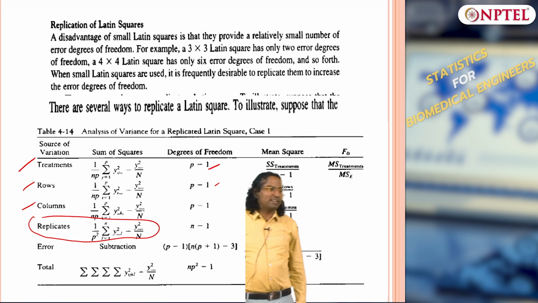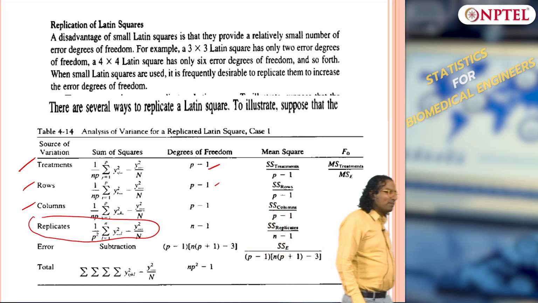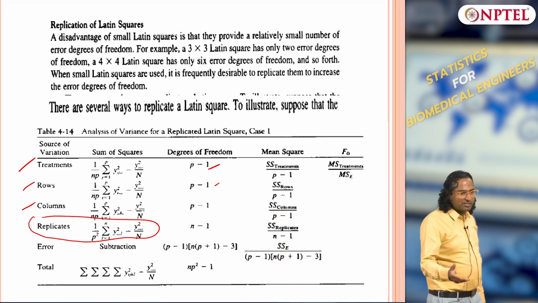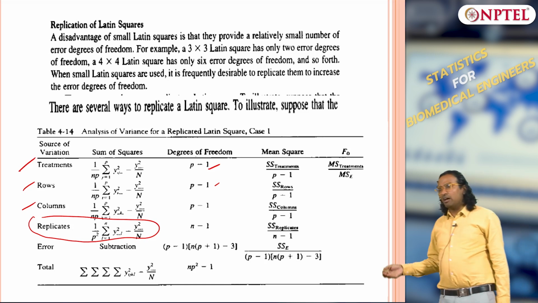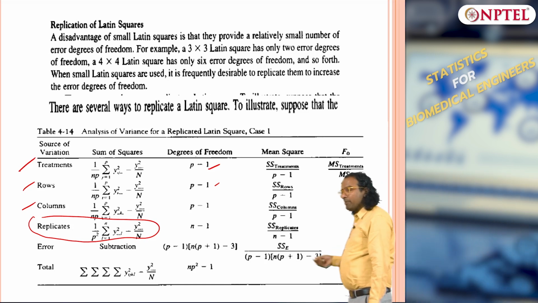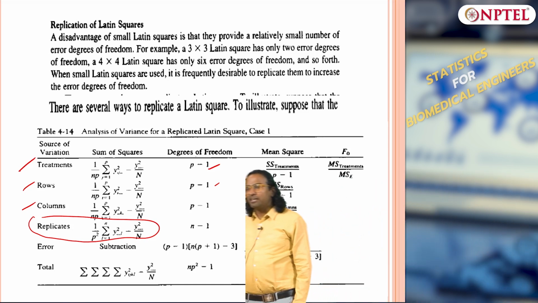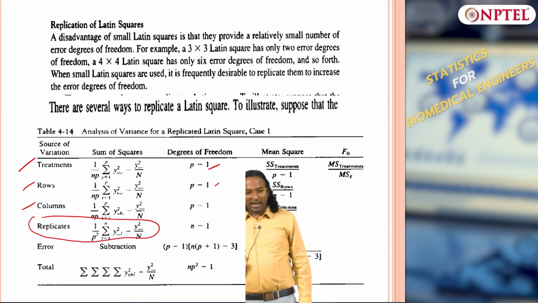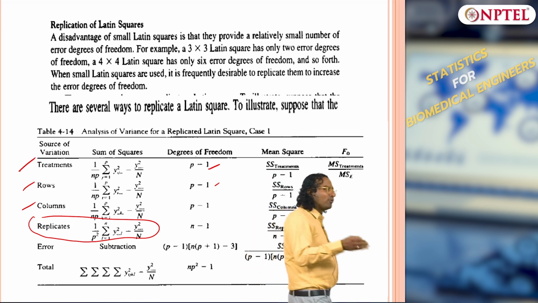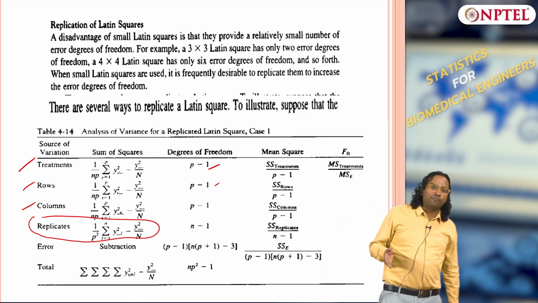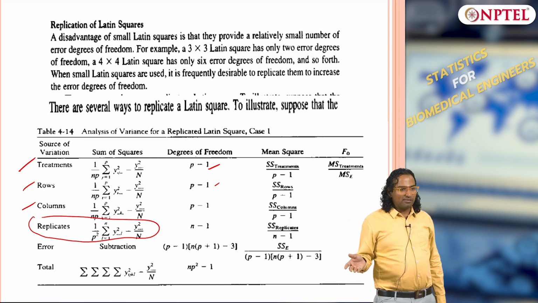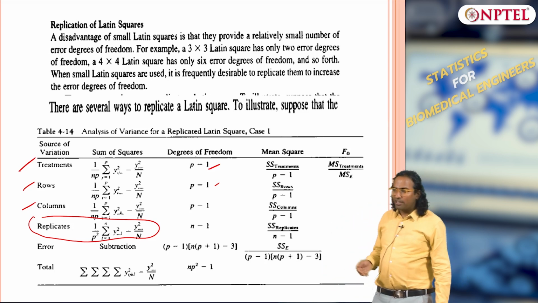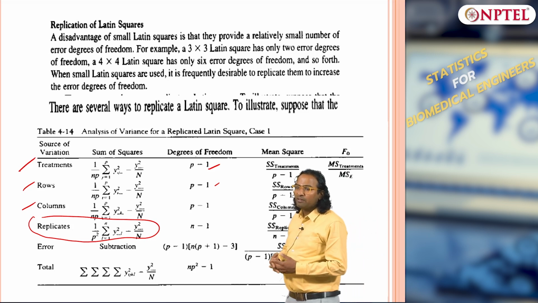We cannot change the degrees of freedom of rows, columns or treatments, because it is fixed. If you do p treatments, the grand mean of treatment is 1, so p minus 1 is the degrees of freedom for treatment, no change in it. But ideally, what you want to be higher is the degrees of freedom for error, because we are taking a ratio and degrees of freedom of error makes a big impact.